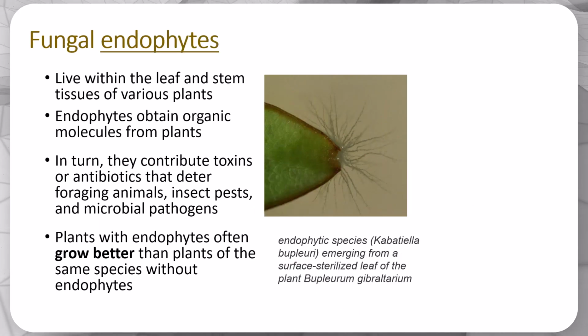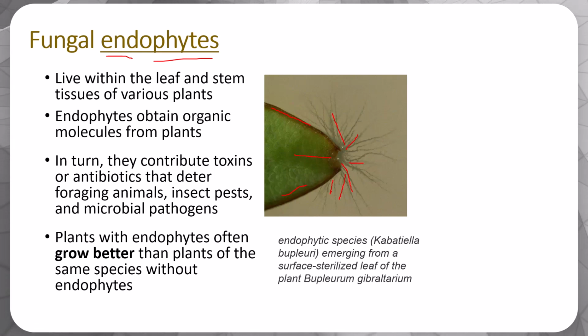There are some fungal endophytes. Again, the root word endo means inside of, phyte means leaf. That's pretty hard to get you a picture of, because technically this endophyte in this picture, here's the leaf, right? And you can see some of that fungus is coming out of the leaf. So technically in this picture, it's not all inside of the leaf, but there's some of it inside of the leaf as well. So fungal endophytes live within the leaf and stem tissues of various plants.